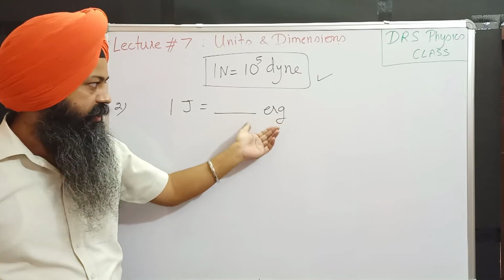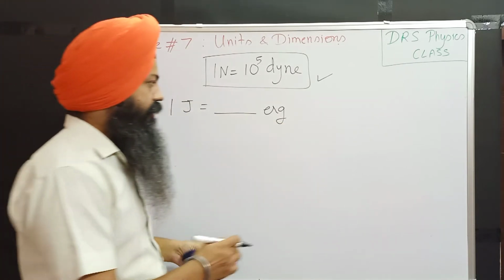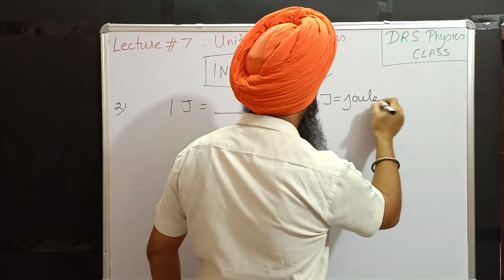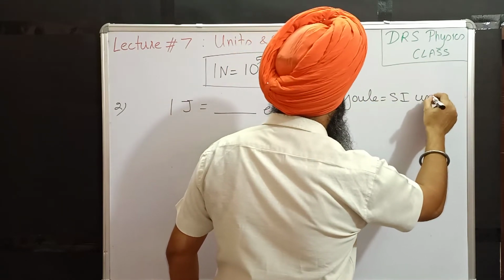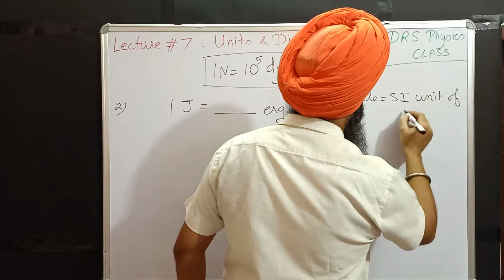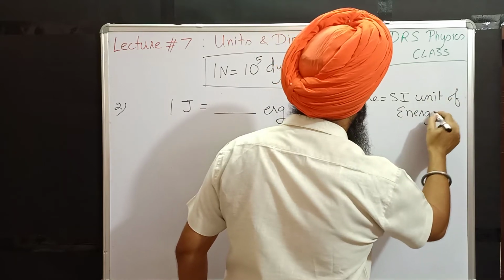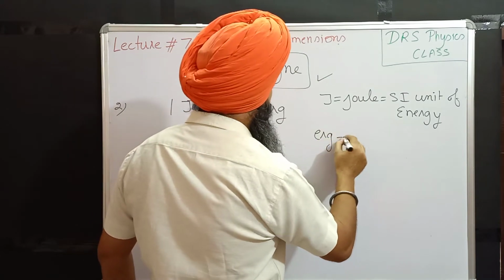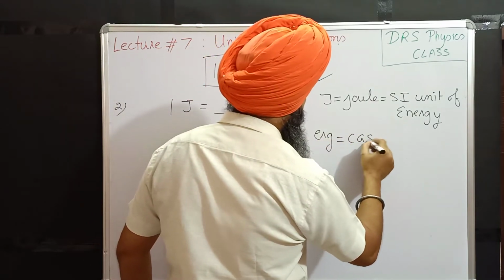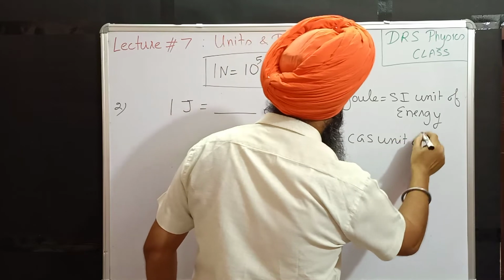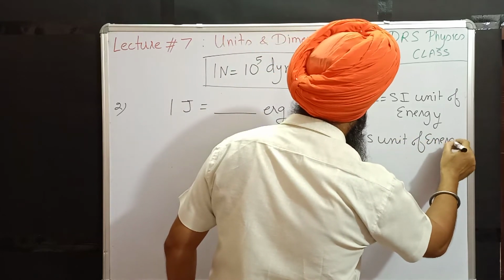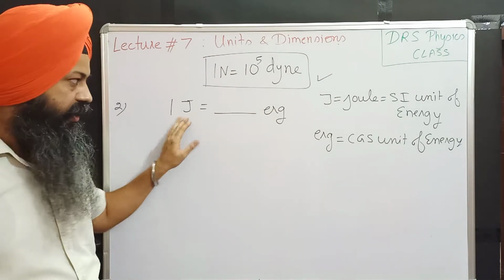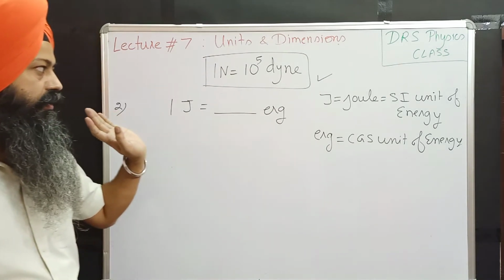It is for your knowledge that J is joule, the SI unit of energy, whereas erg is the CGS unit of energy. This is the SI unit, this is the CGS unit.